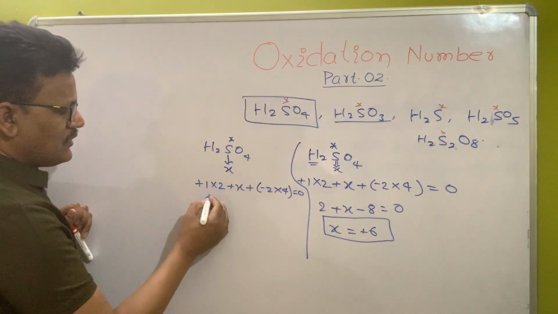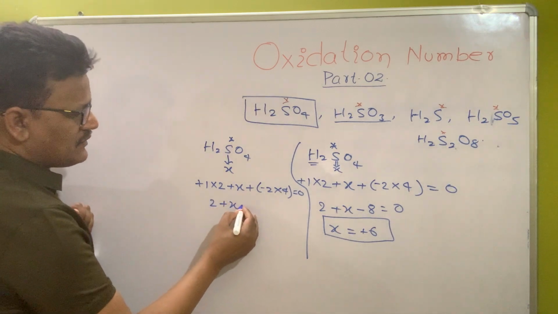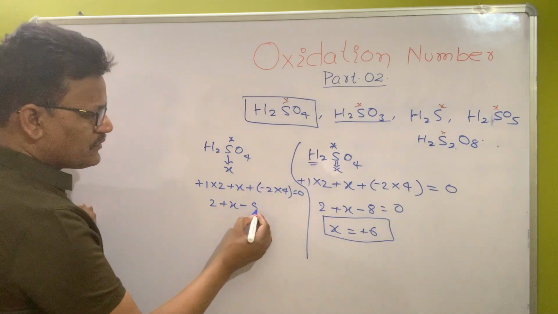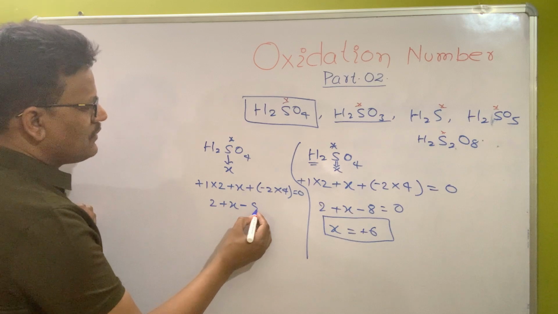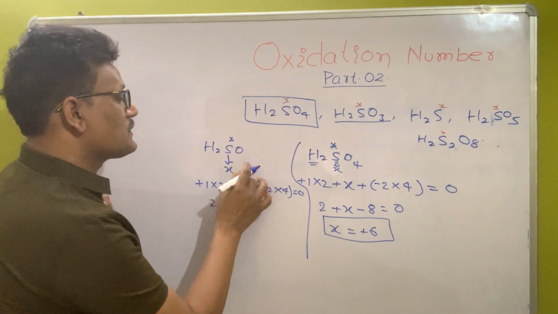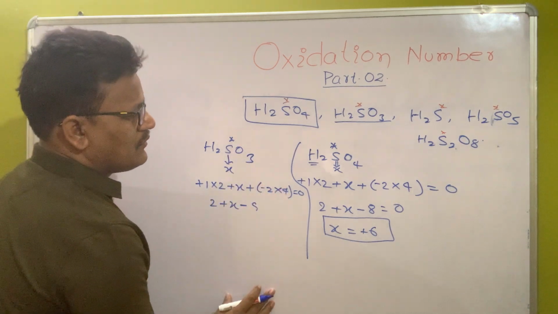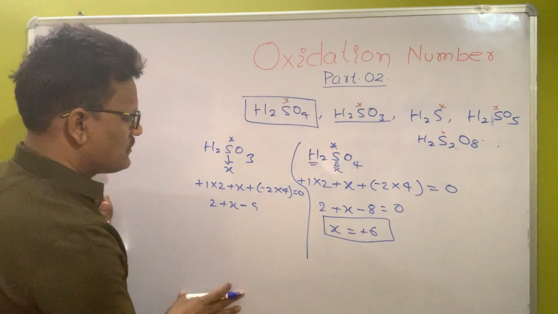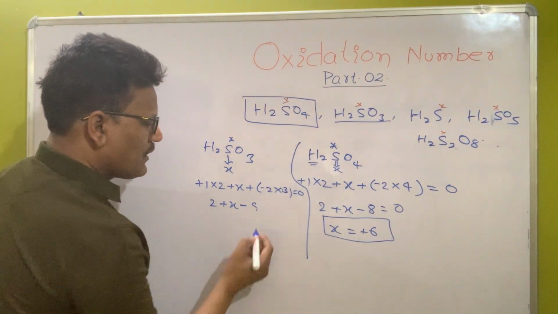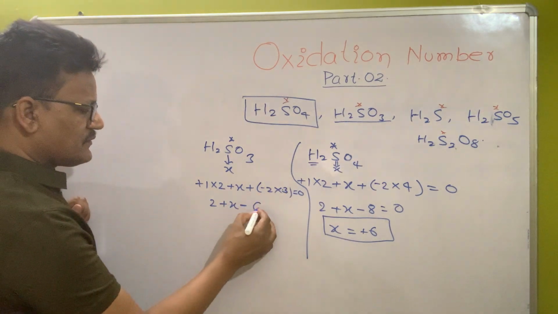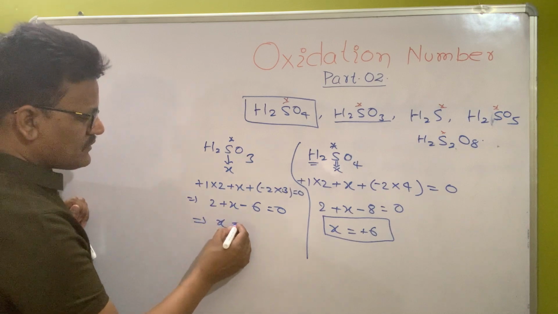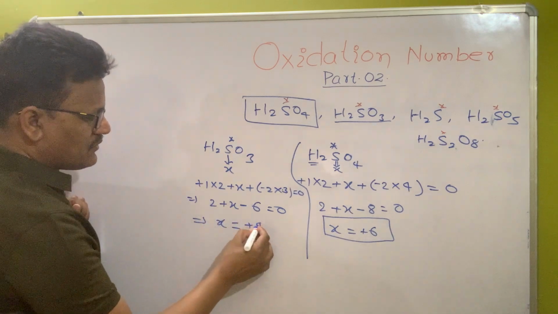So 2 plus x minus 6 equals 0. After solving it, we have x equal to +4.